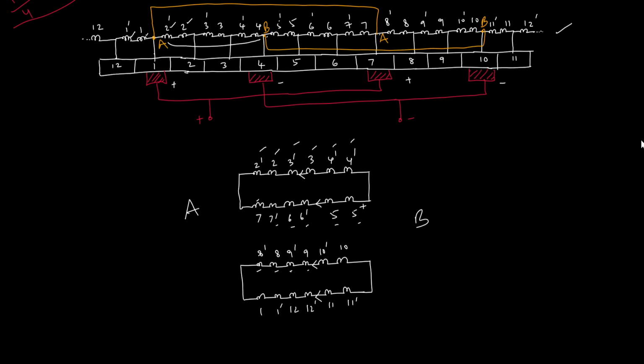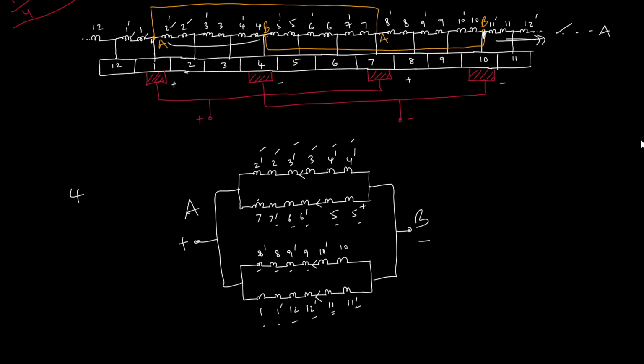And again from B to A, from this point to this point, these coils: 11 dash 11, 12 dash 12, 1 dash 1. So this is how I am representing the parallel paths.